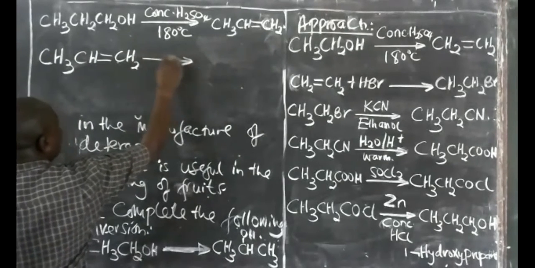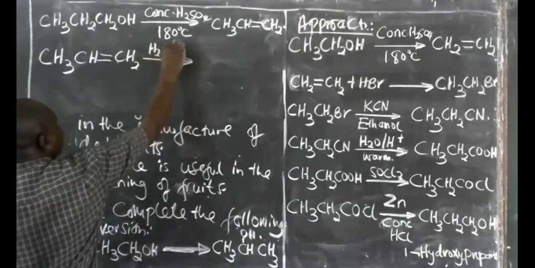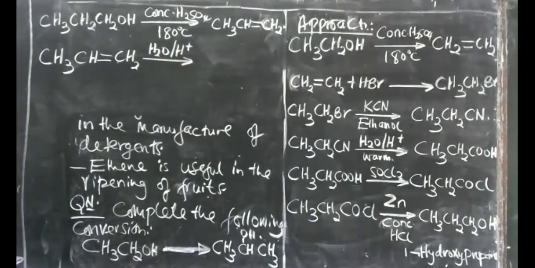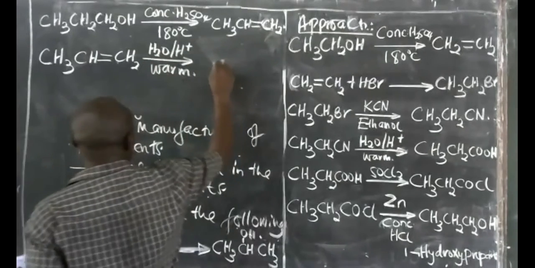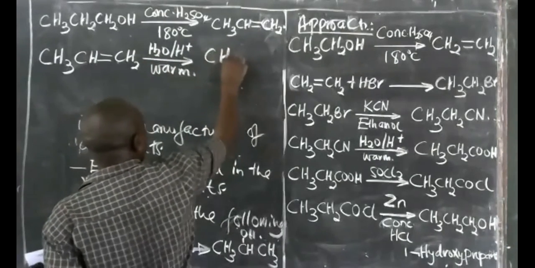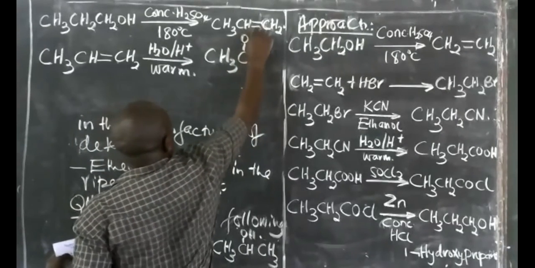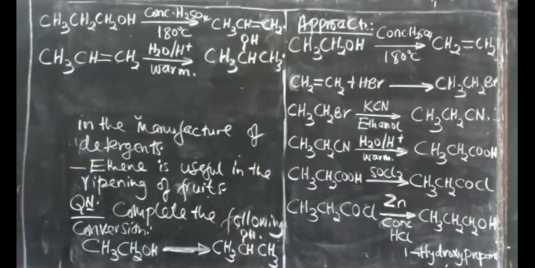Remember, we say that you add what? Water in the presence of an acid. And then you warm. You are going to end up with the secondary alcohol, CH3CH(OH)CH3.